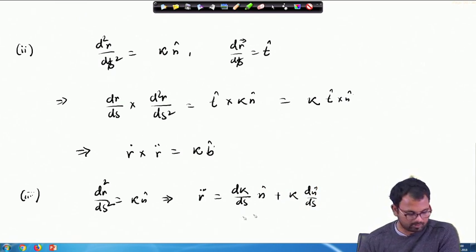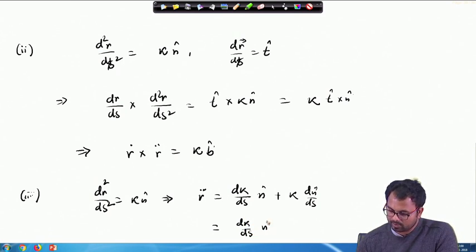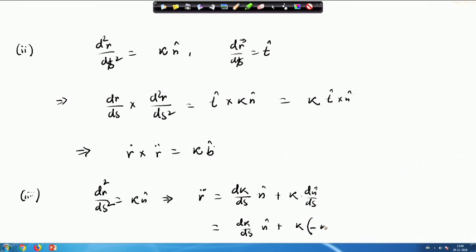Now, for kappa times dn/ds, from the Serret-Frenet formula we have minus kappa t cap plus tau times b cap.